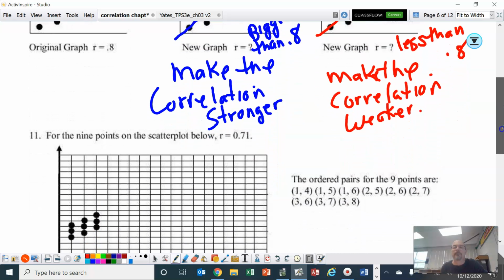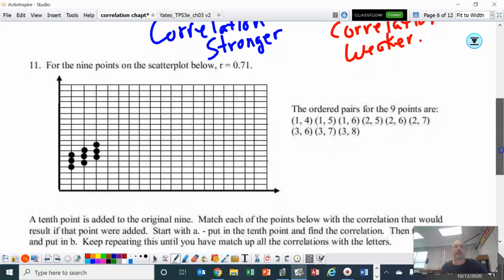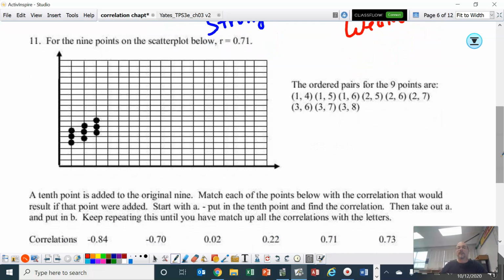Okay. Now, in this problem, this is kind of interesting, and I'm going to be pausing and putting these in as I go. So I've got 9 dots here, and so I'm going to color code these. So this, like 1, 4, I'm going to put that dot in there as a 10th dot.